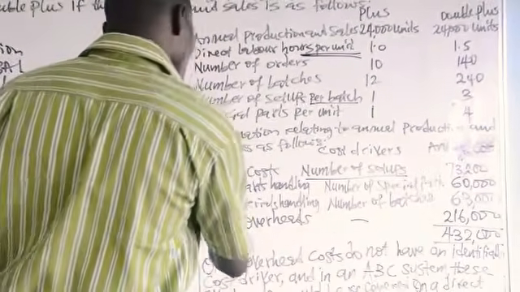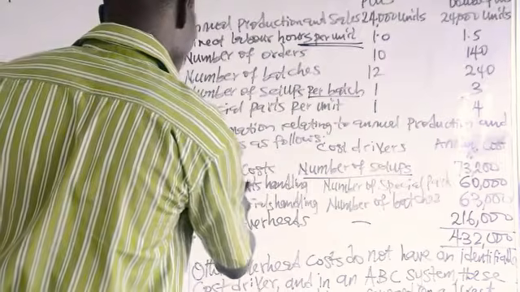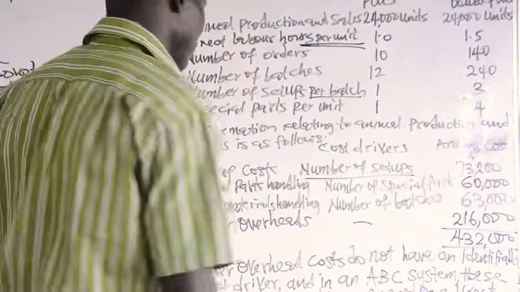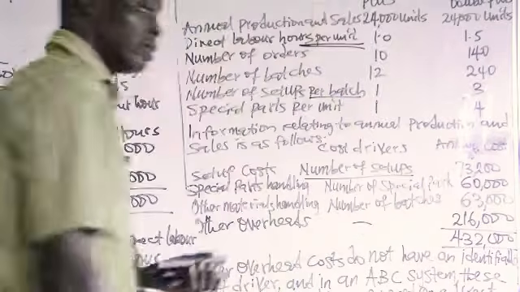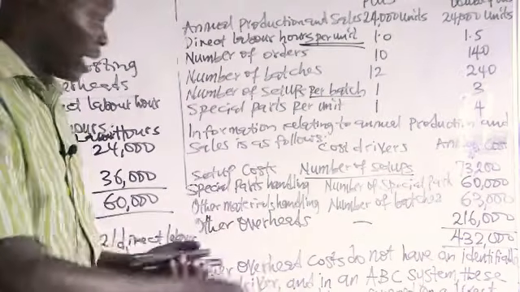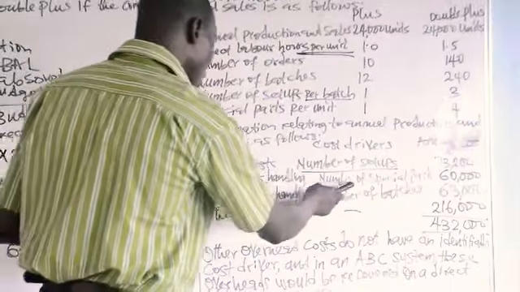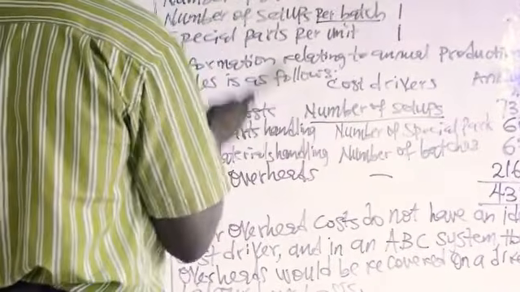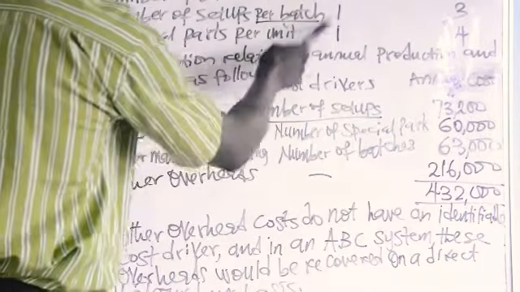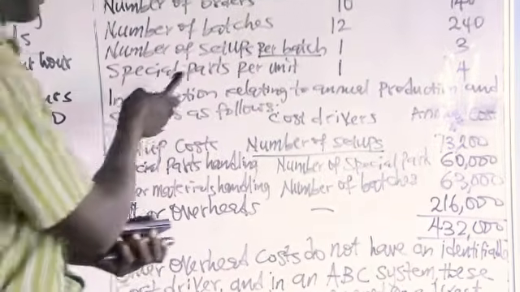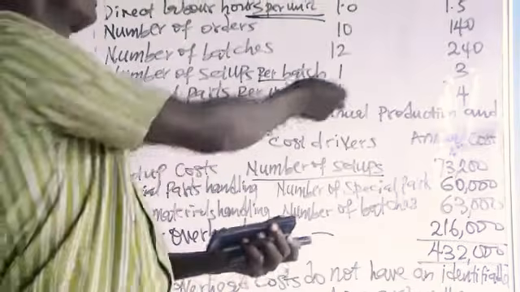The second one is those relating to special parts handling, and that is number of special parts. They didn't say per unit, they didn't say per setup. So you look for number of special parts. Now, if you look at where you have the special parts here, it is per unit.